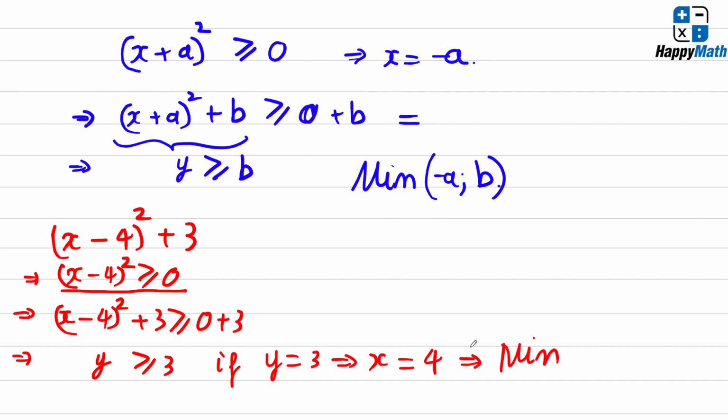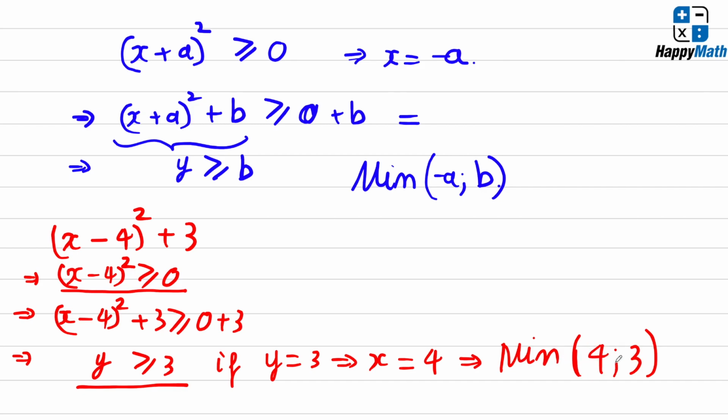I choose the minimum point, not the maximum point, because this side is greater than or equal. y is greater than or equal to 3, so it means y is never less than 3. So that's why I get the minimum y equal to 3. About a point, I need the x value and y value. So x and y.